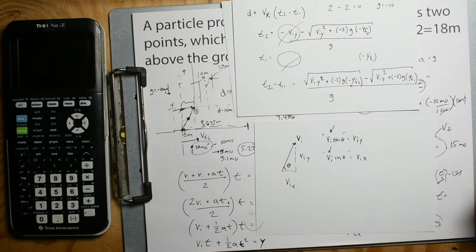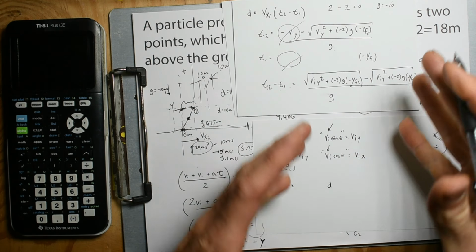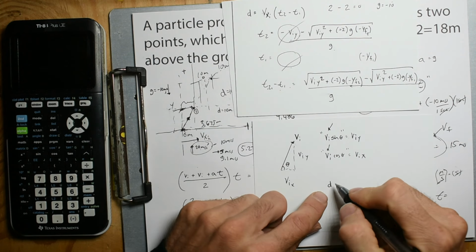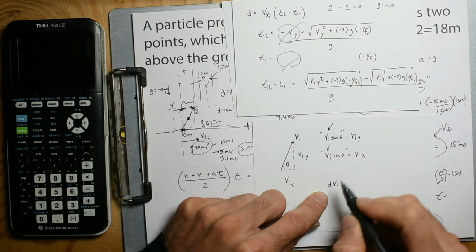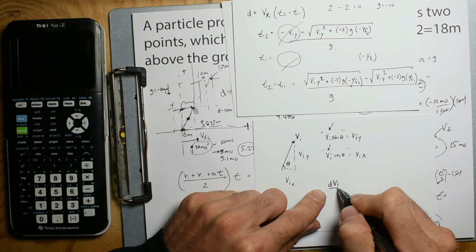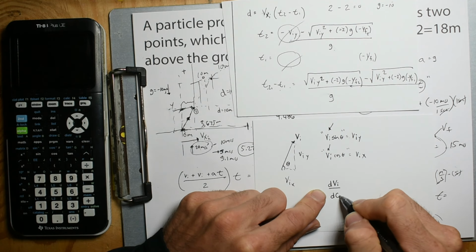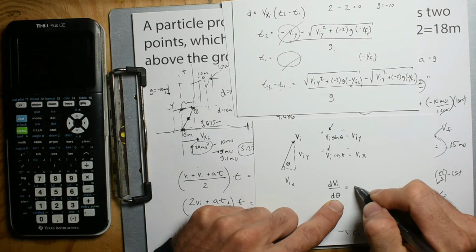Okay, I'm just going to throw out terms. If we do find a maximum or minimum, the change in the initial velocity relative to the change in angle is going to be 0.